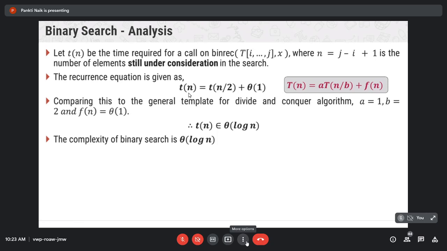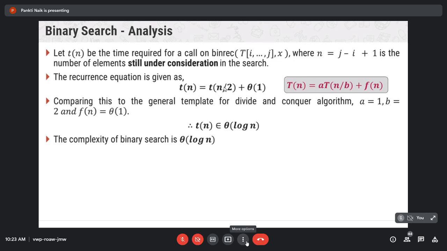binary search is T(n) is equal to T(n/2) plus theta 1, right? Now here T(n/2) is the time required to compare the left sublist or right sublist, plus theta 1, that is for one comparison made with the middle element, because we check with the middle element, right?